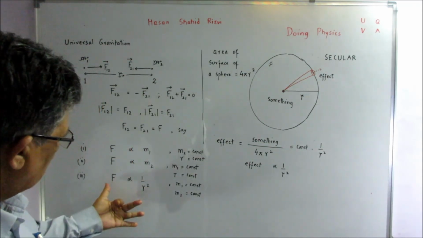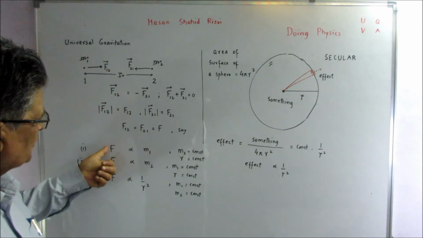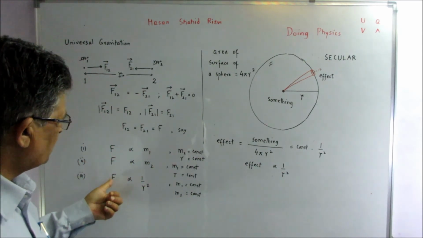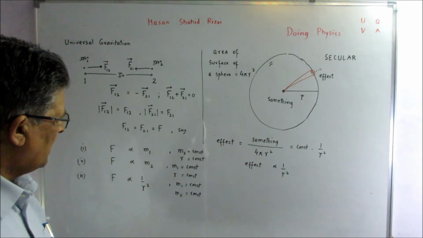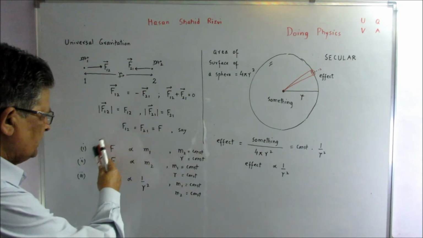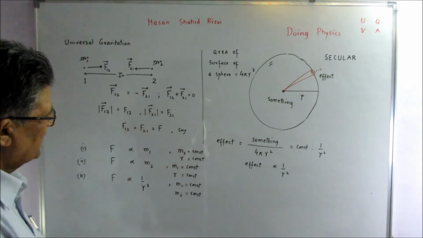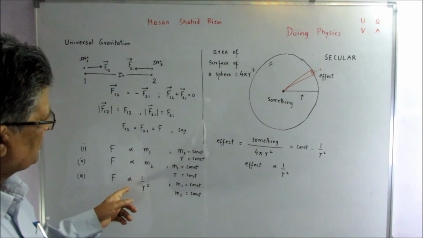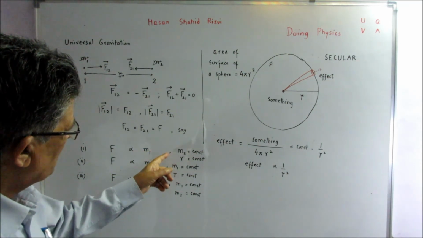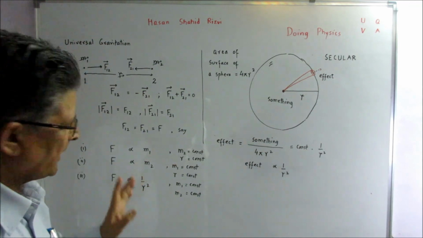Like you know, the force F is proportional to m1, force F is proportional to m2, and force F is proportional to 1 upon r square. If you take all these variables together, then F will be proportional to m1 multiplied by m2 multiplied by 1 upon r square.